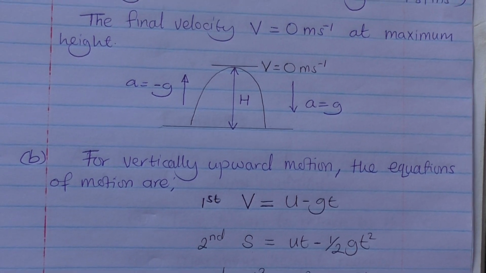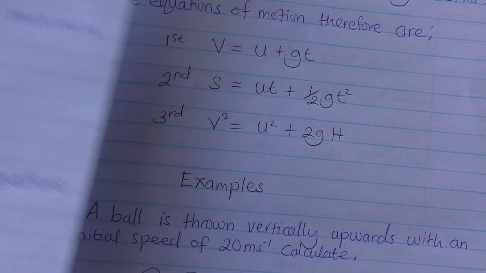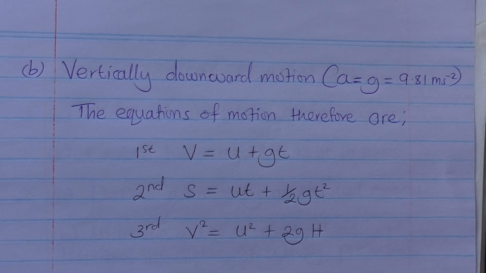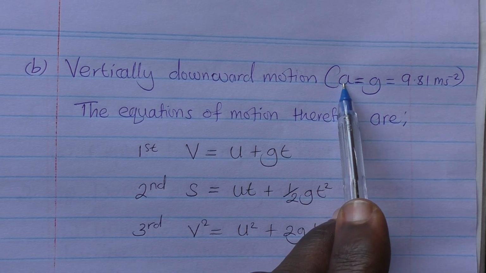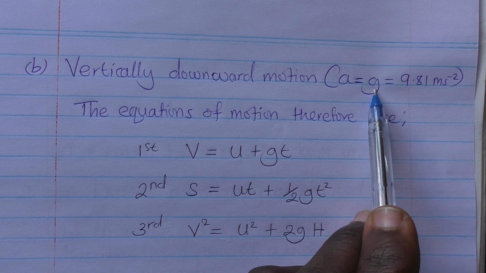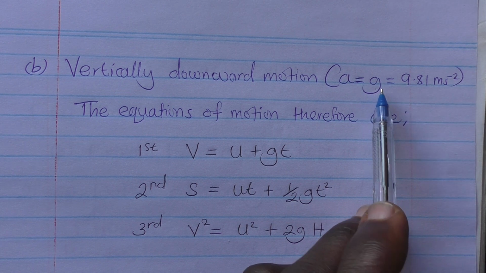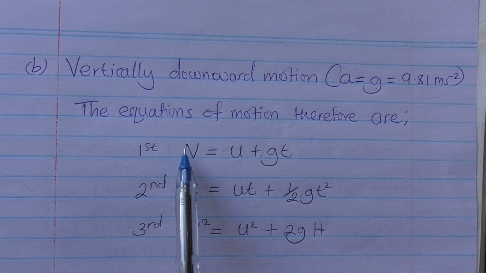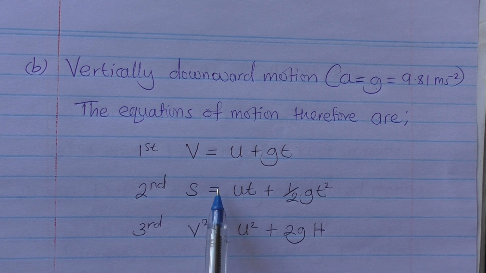Then let us also look at the vertical downward motion. During the vertical downward motion, acceleration is positive g, because the body is obeying gravity, or it's in the same direction as the gravitational force. So we modify the equations and replace a with g.